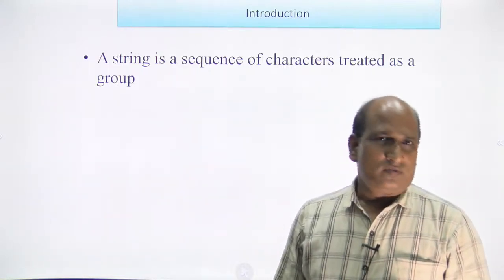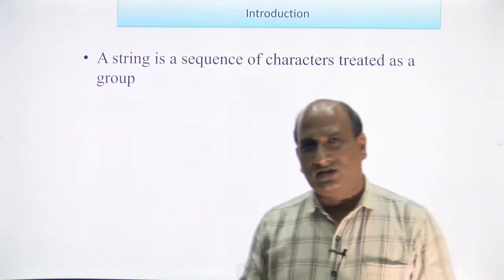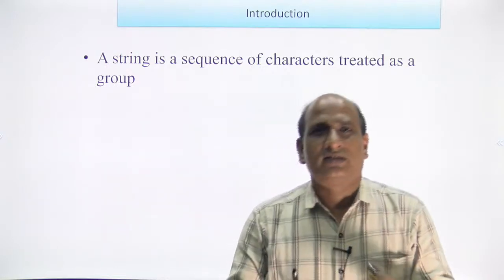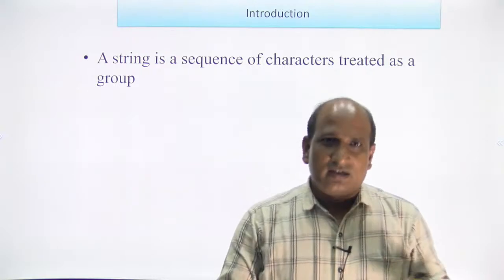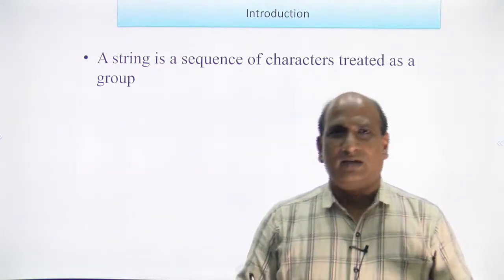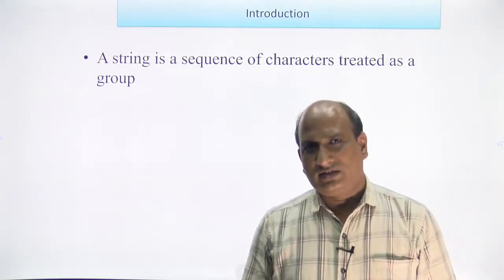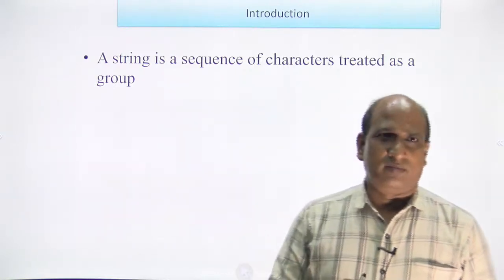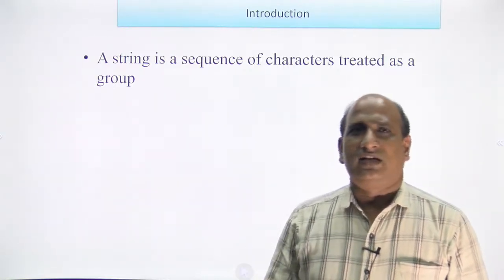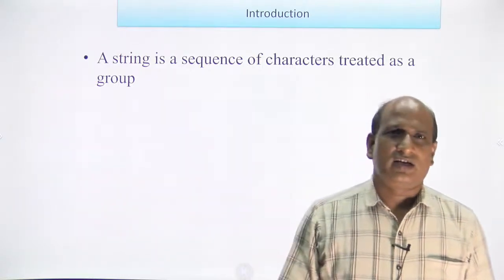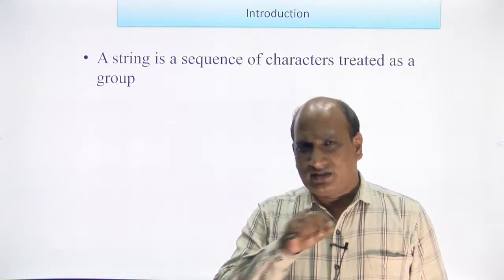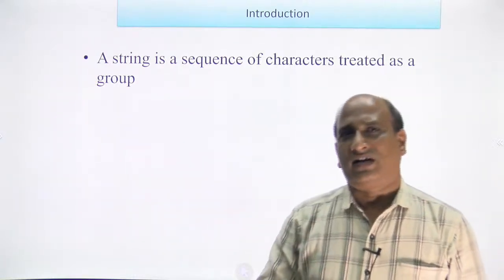As we all know, an array is a homogeneous collection of data, and when that homogeneous data type is character type, that collection of character type data is called a string in C programming. In other languages there are classes for handling strings, but in C programming a string is just an array of characters.